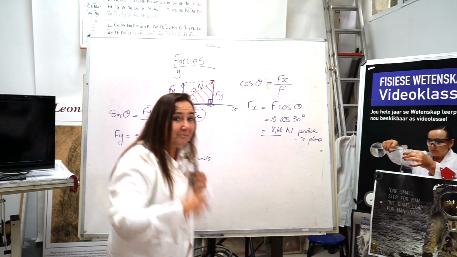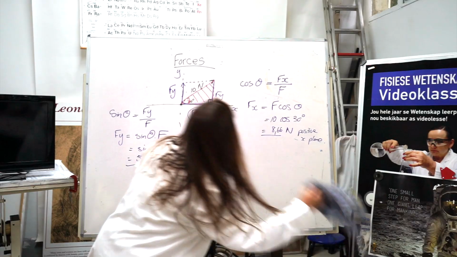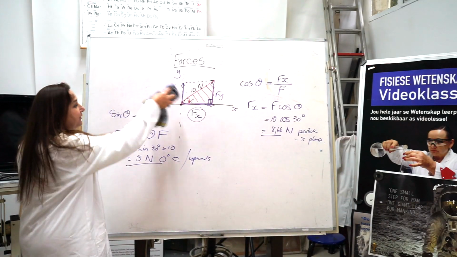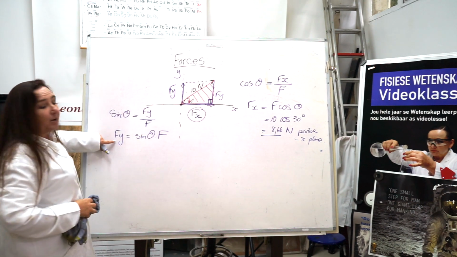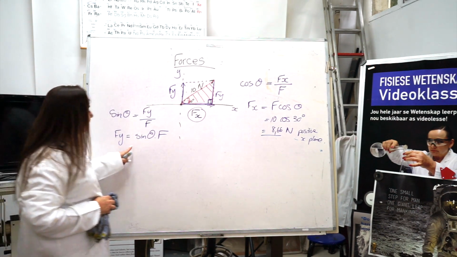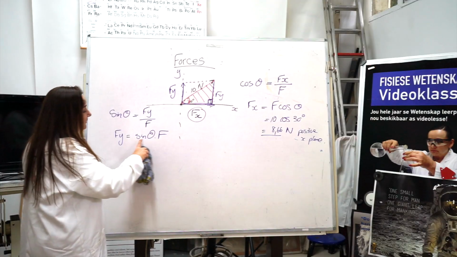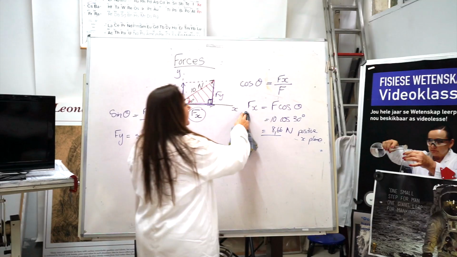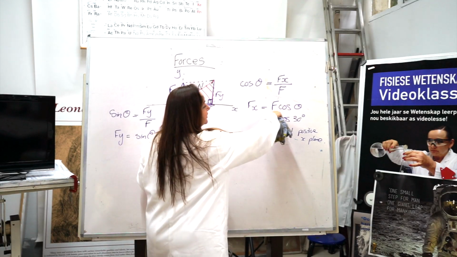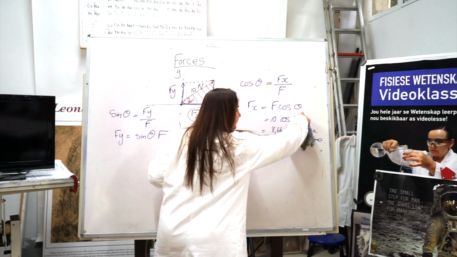But from now on, guys, I want you to remember that whenever you want to work out the y component of a vector, you're going to use F sin theta. Whenever you're going to work out the Fx component, you're going to use F cos theta.